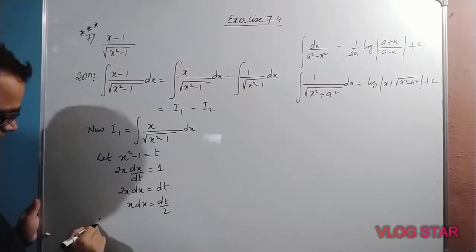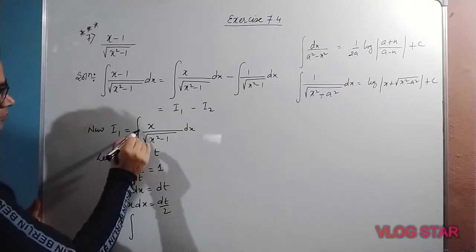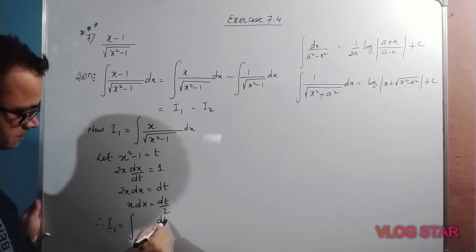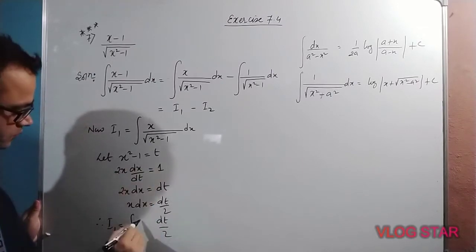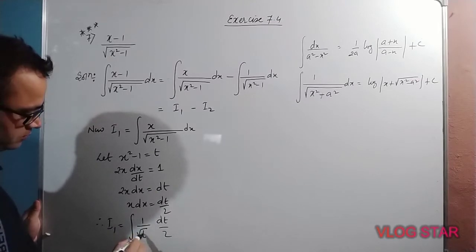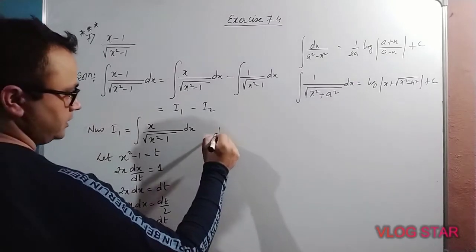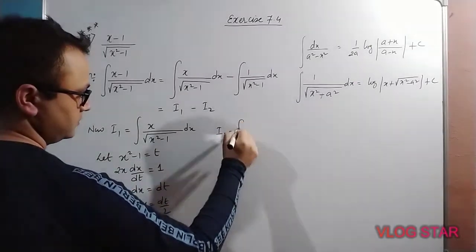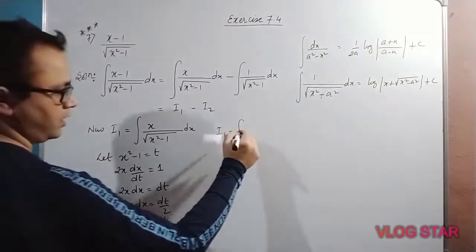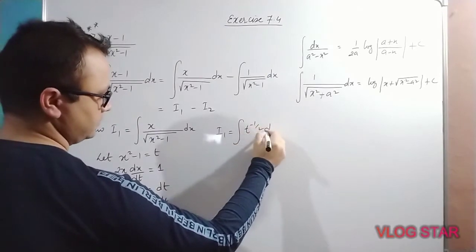Therefore I1 equals integration of x dx, which is dt by 2, times 1 by root under t. Now root t is t to the power half, so reciprocating, t to the power minus half dt.